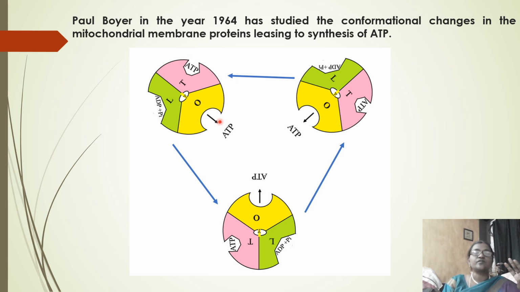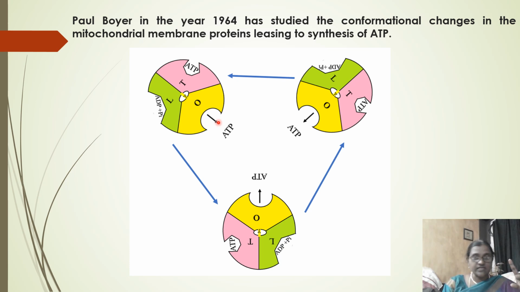At one time one will be in O, at the other time one will be in T, and then in L conformation. So it is like L conformation wherein ADP and inorganic phosphate will bind, then the T conformation where ATP is held tight, then the open conformation allowing ATP to be released. So this is how ATP will be synthesized.